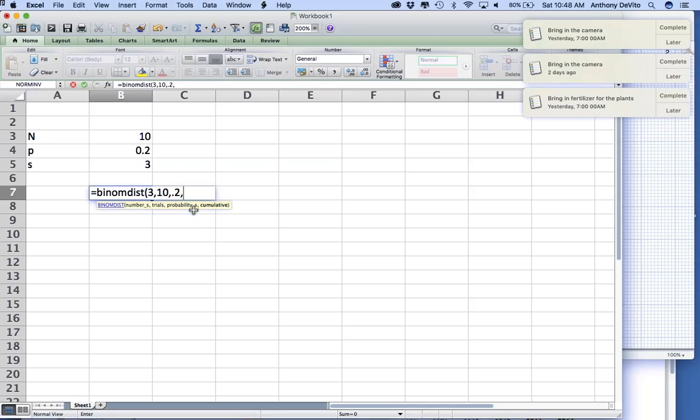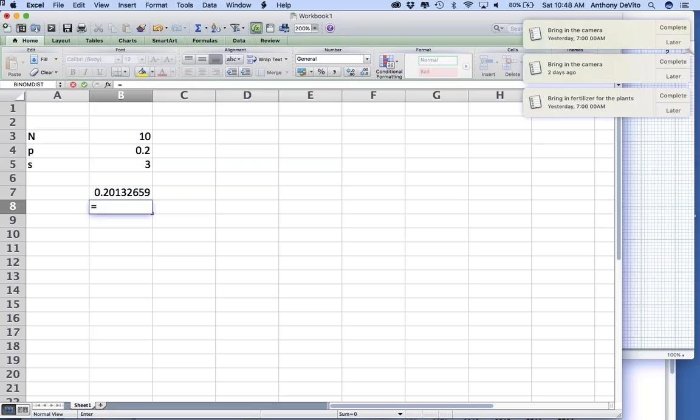And then cumulative is whether you're looking for exactly that situation, or that situation and any number below it, in other words 3, 2, 1, or no people have high blood pressure. So in this case, the question I asked was just what's the likelihood of exactly those 3 people? And the probability is 20%.